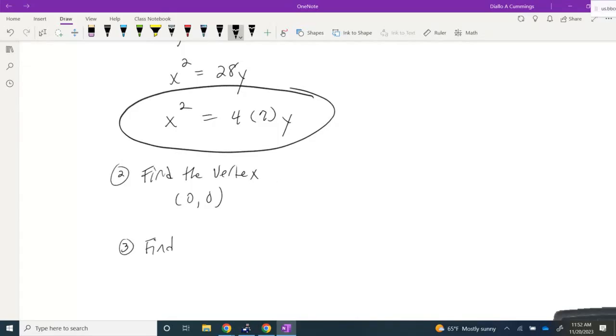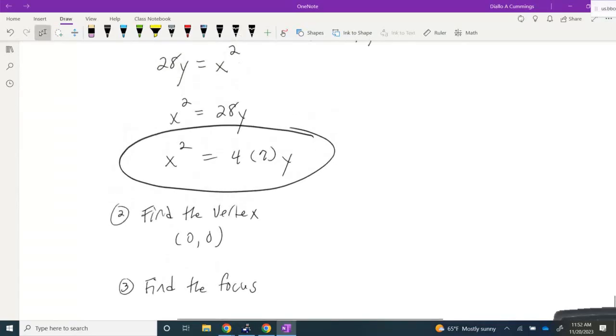Okay, the third thing is we want to find the focus. So this is where the formulas come in. In order to find the focus, first off, I want to look at the model form. It's x squared is equal to 28y, right? And that 28, which is the coefficient of y, is positive.